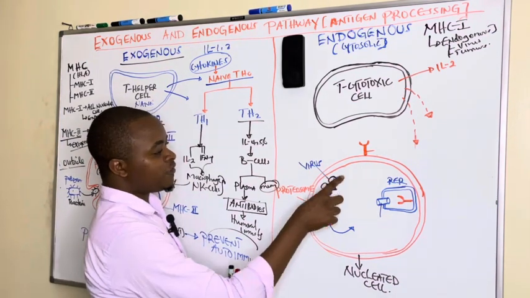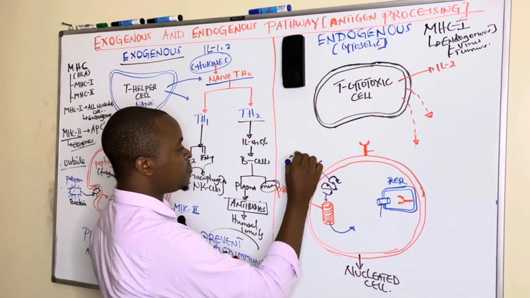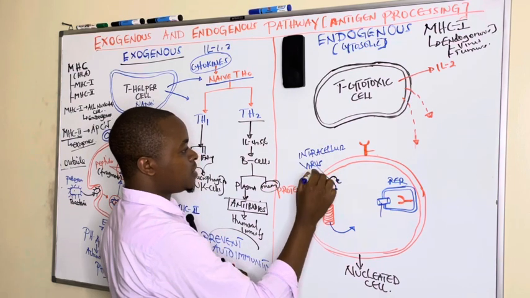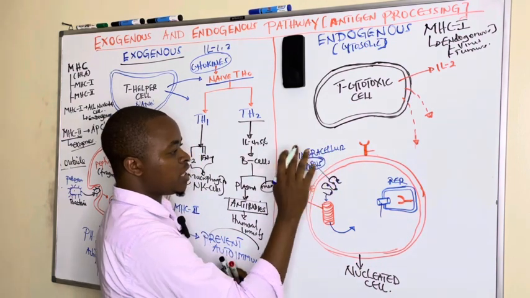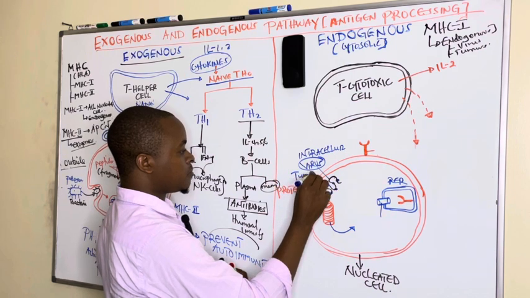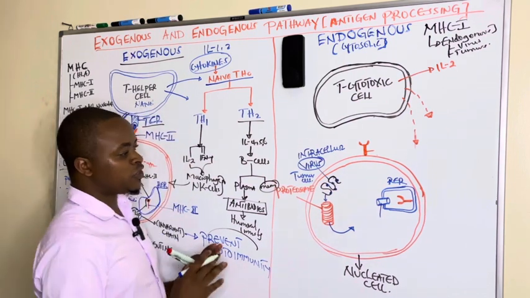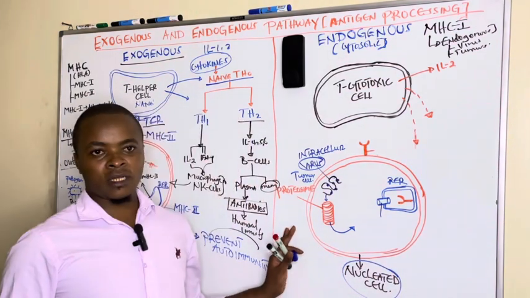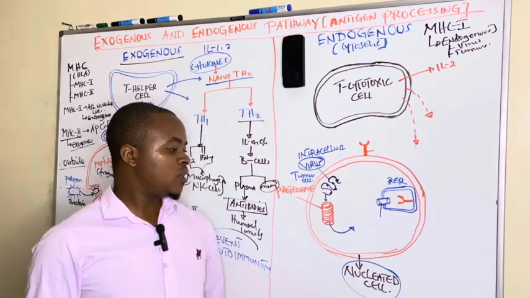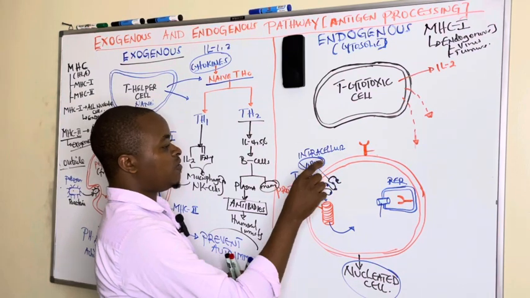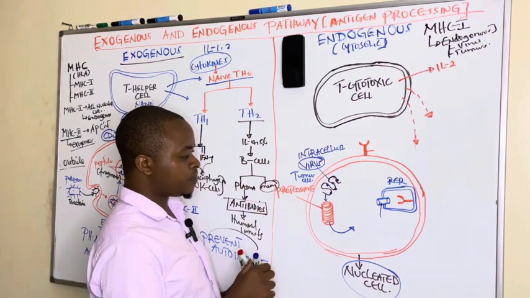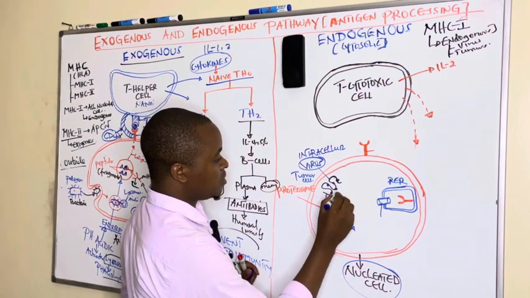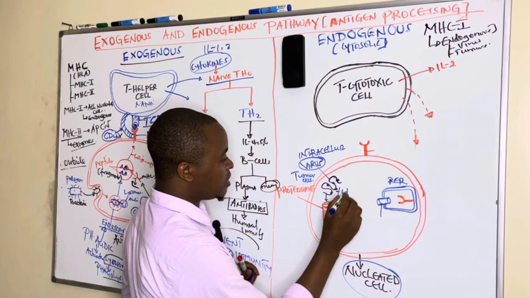So this occurs for intracellular pathogens. It can be an intracellular virus, an intracellular bacteria, or a tumor cell. Whenever there is a tumor cell or a virus within a nucleated cell, like leukocytes or white blood cells, this virus or tumor is processed by triggering a protein called ubiquitin.